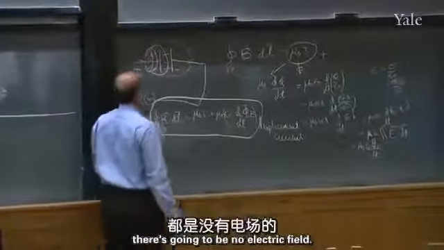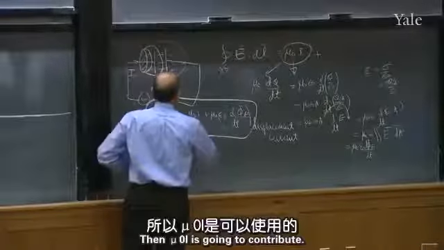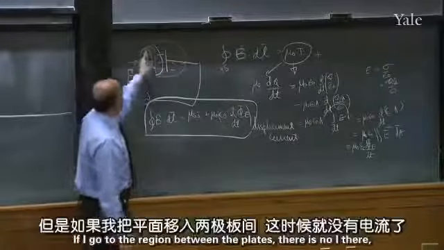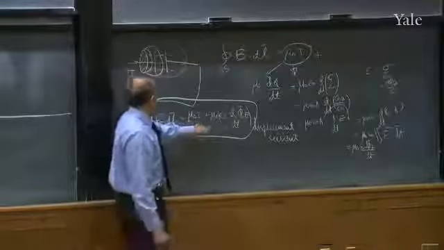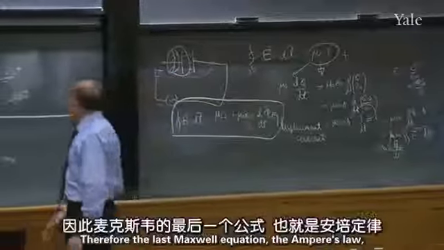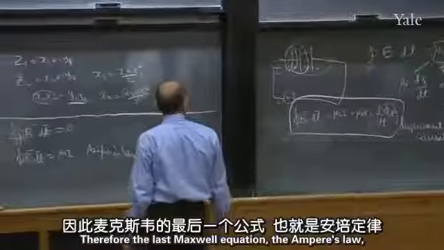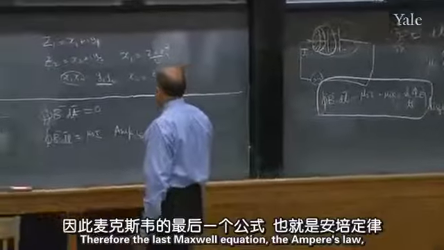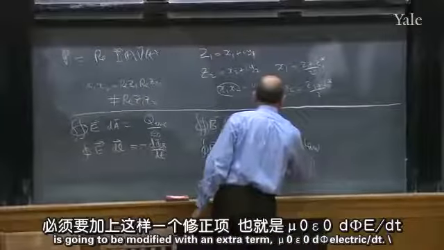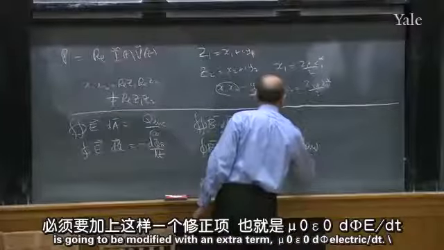Then mu 0 I is going to contribute. If I go to the region between the plates, there is no I there, but that's the rate of change of electric flux. Therefore, the last Maxwell equation, Ampere's law, is going to be modified with an extra term, mu 0 epsilon 0 d phi electric dt.